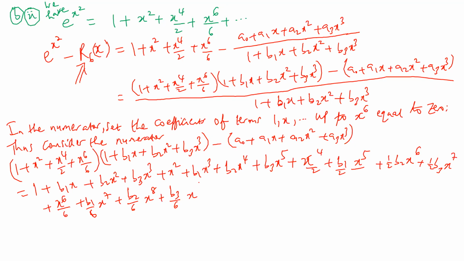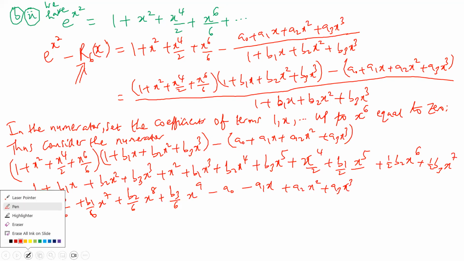Okay, so you put 9 here. Minus a naught, minus a1x, plus a2x squared, plus a3. Right now what you need to do, you just deal with the constants and the rest of the terms.